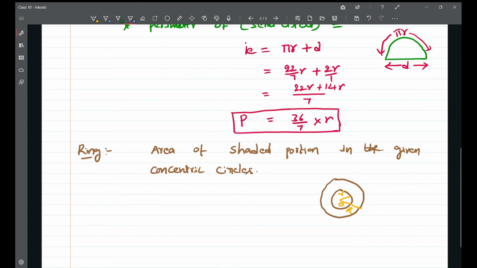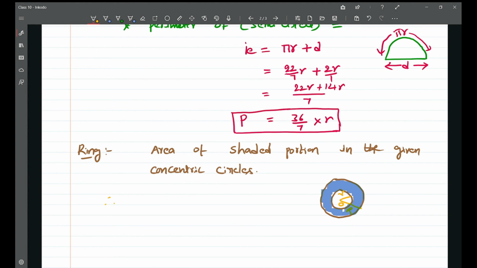We want this portion. So how can we find area of this shaded?